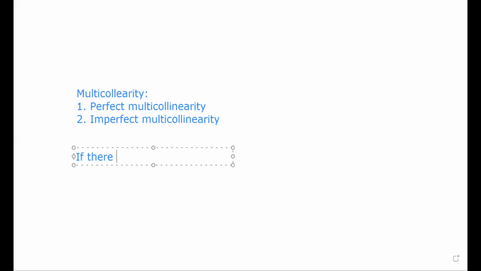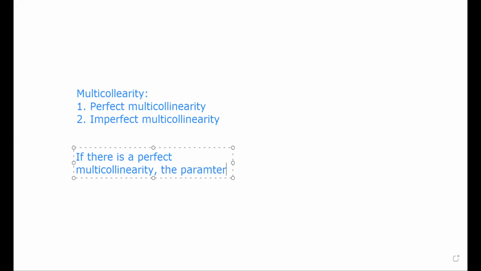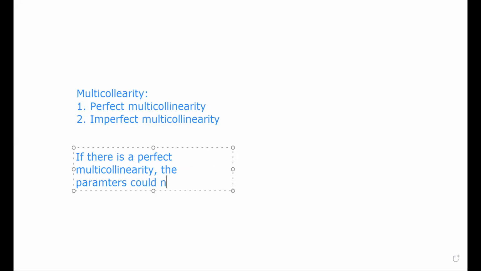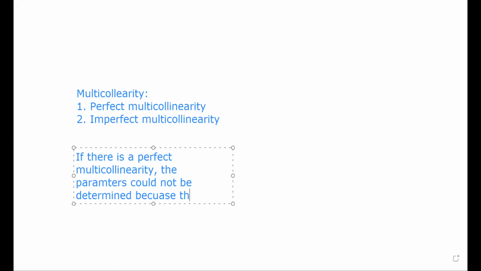If our model has perfect multicollinearity, this means we cannot calculate the parameters, because the determinant of X prime X is 0.